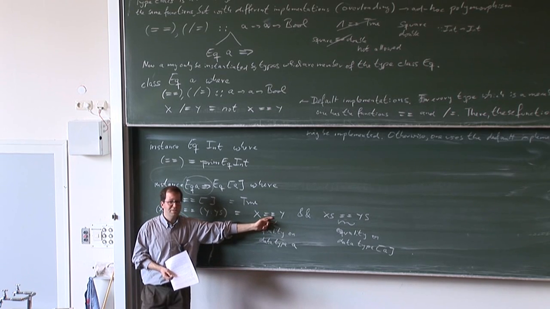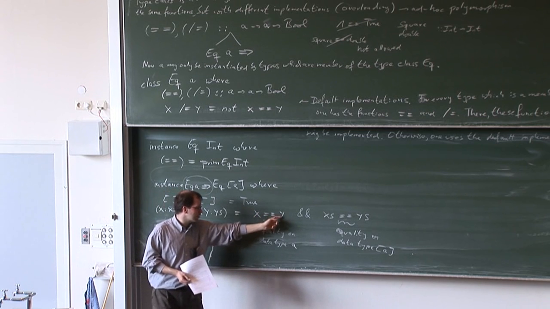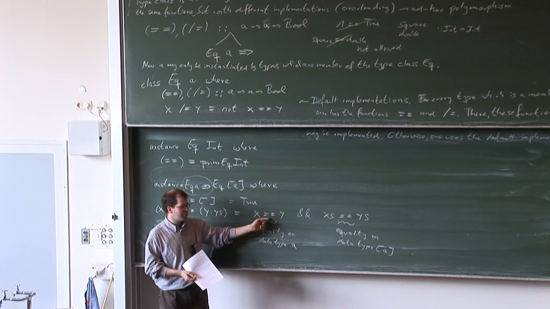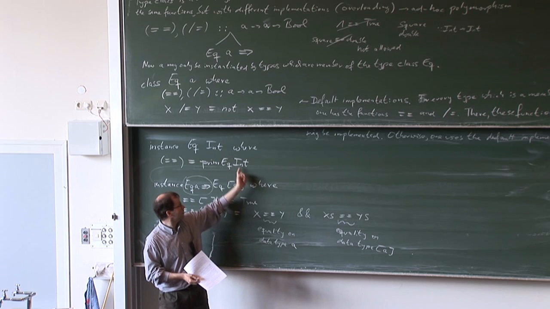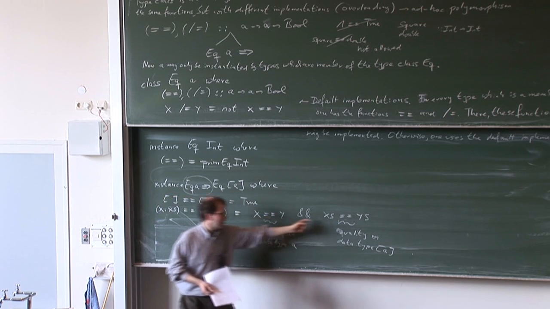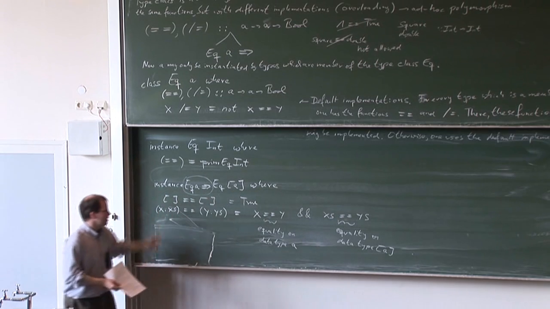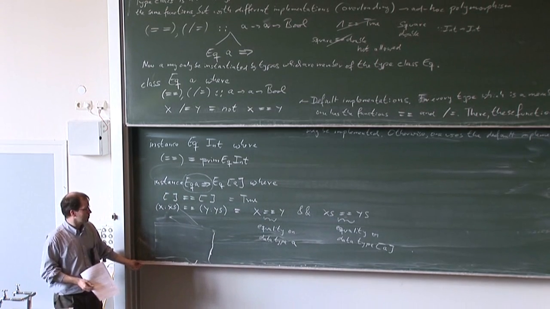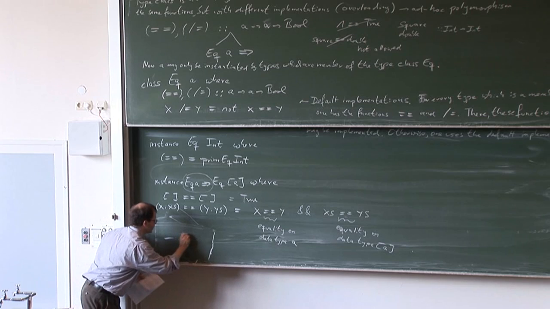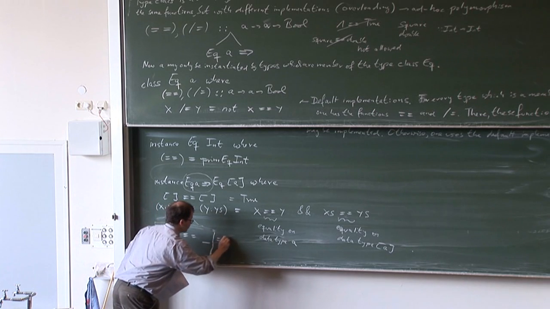It's a double equality sign, but the implementation of the function differs. Depending on the types of the arguments, we take different implementations. Here we might take this prim_int implementation, and here we take, it's a recursive call, so the implementation is just the one that I gave up here. Okay, and the last case is missing, so otherwise the result should be false.